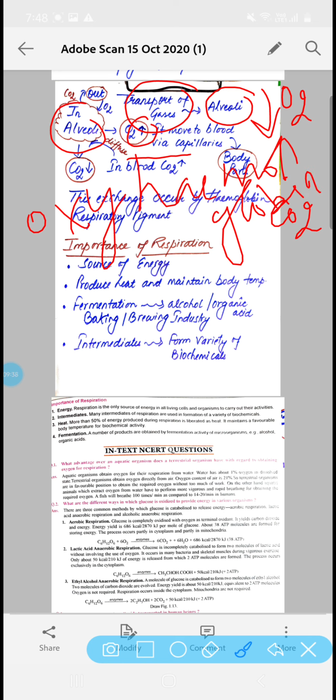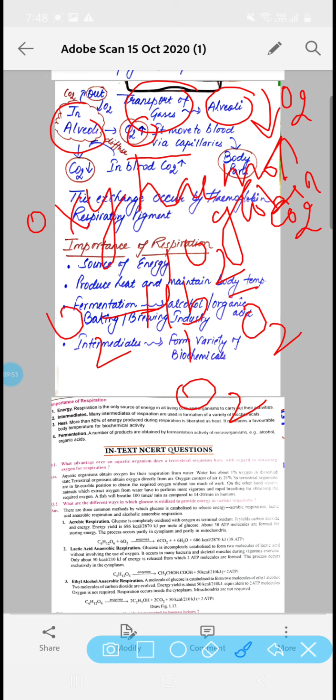This oxyhemoglobin is acting as the carrier which is carrying the oxygen molecule. One hemoglobin can bind with 4 oxygen molecules.